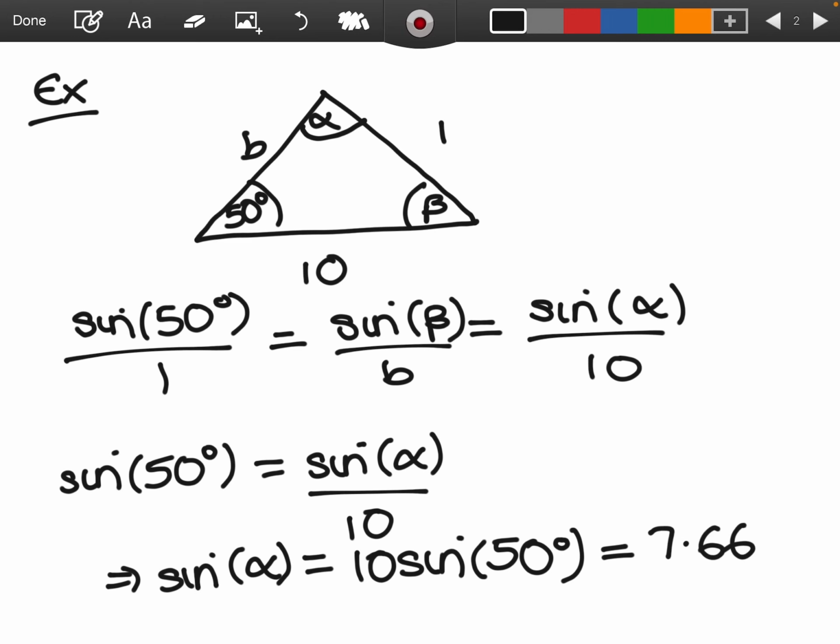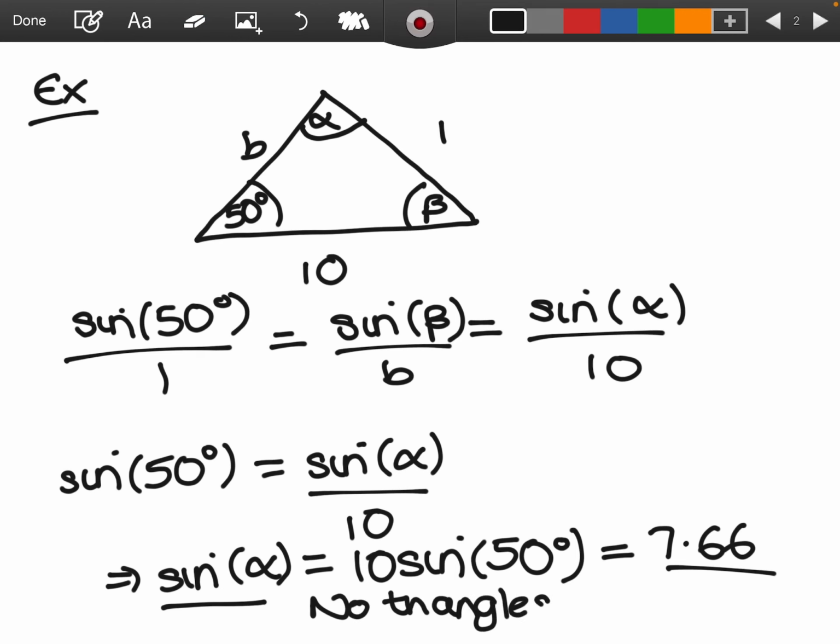In this case, I do sine inverse of 7.66 and see what the angle is that comes out. But you're going to come up with an error. Why is that? Well, this is telling us that sine of alpha is equal to 7.66. Remember that the range of sine is between -1 and 1. This is outside of the range of sine, so I know that it can't actually be possible, telling me that there are no triangles possible.